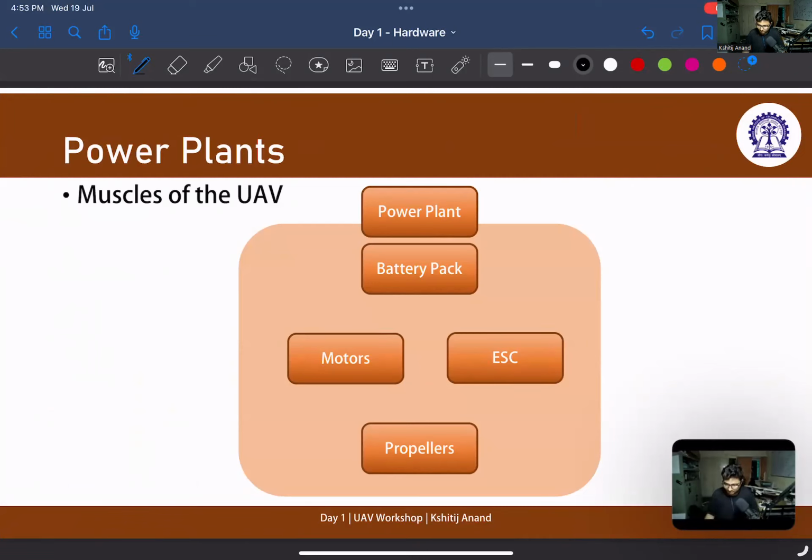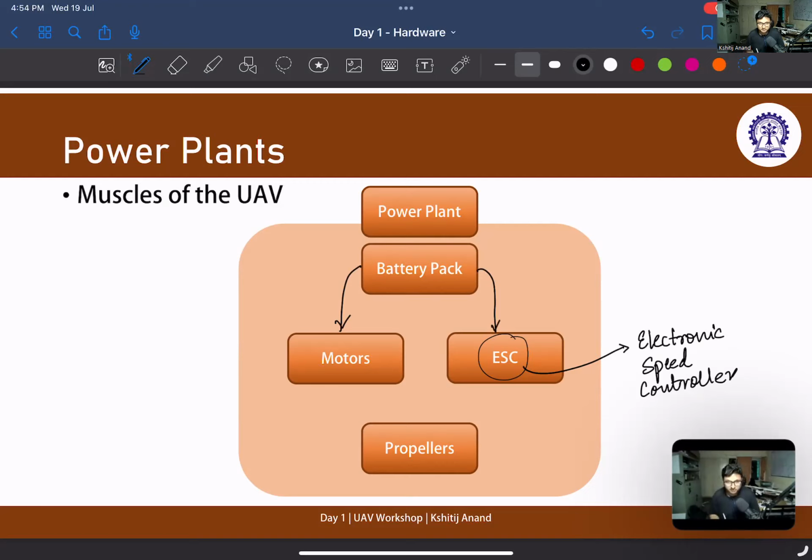Okay. So basically, the power plant consists of battery, motors, ESC, and propellers. What is an ESC? ESC is called an electronic speed controller. The battery pack is going to power the motors and the electronic speed controller.